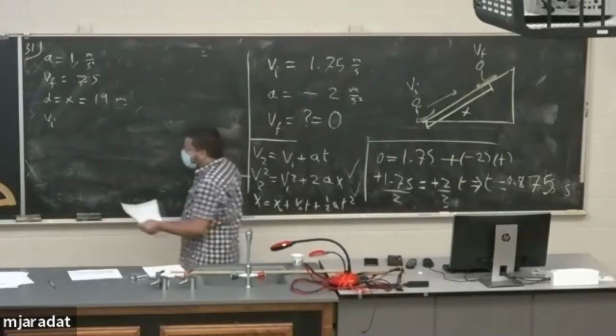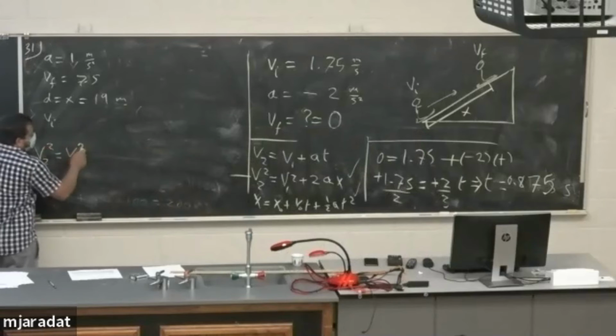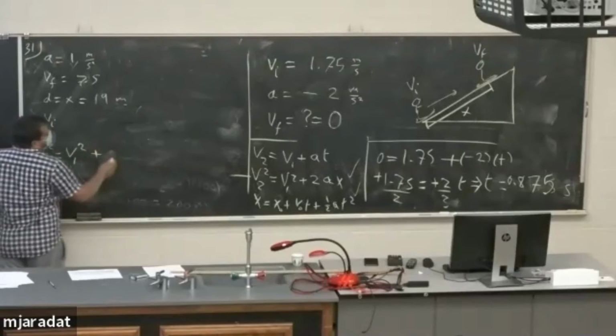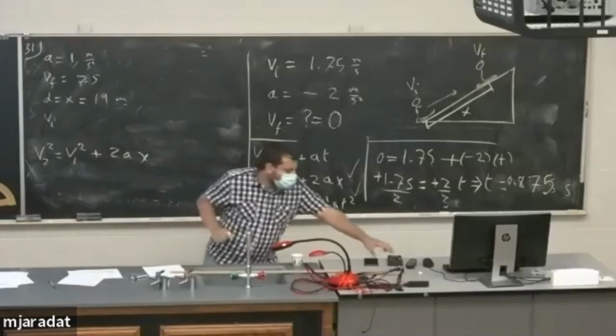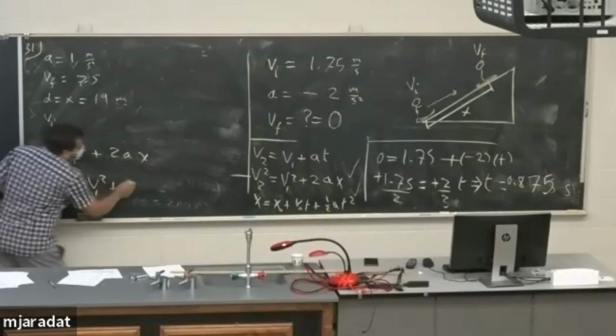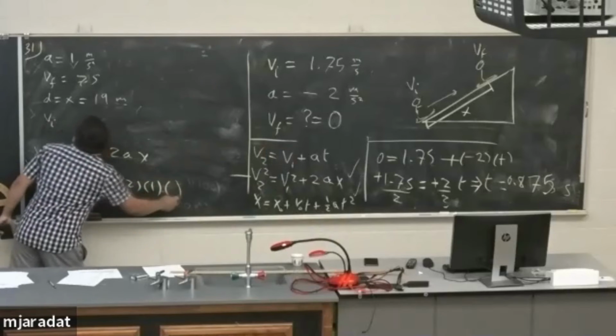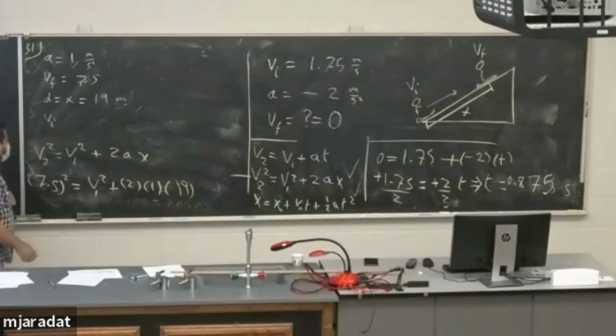Just like that. So, V2 squared is equal to V1 squared plus 2ax. V2, which is V final, squared: 7.5 squared is equal to V1 squared plus 2 times the acceleration, which is 1, times the change in position, 19. Reorganize them.